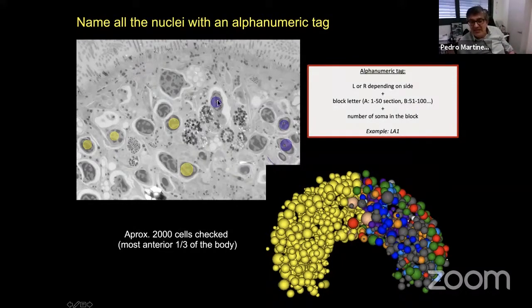Every cell is identified by its morphology. This is not automatically done, so the student has to be proficient in identifying cell types. Each one of these cells is given an alphanumeric tag, saying this is the position in 3D space.